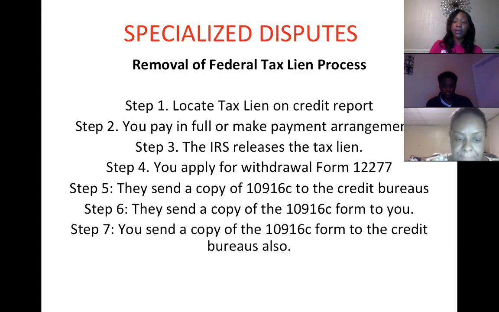They'll send a copy of a form 10916C to the credit bureaus. They're also going to send a copy of the form to the client, and you want to take it upon yourself to send that to the credit bureaus as well, just in case they didn't send it in, right? Or somehow it got lost. You want to be sure you follow up, get that sent in so that it can be taken care of. Okay?